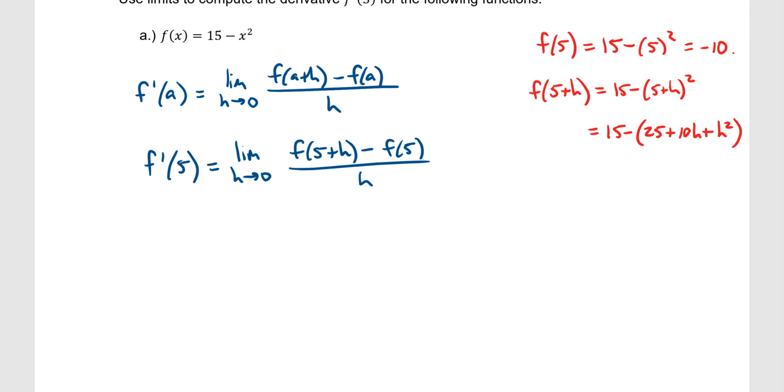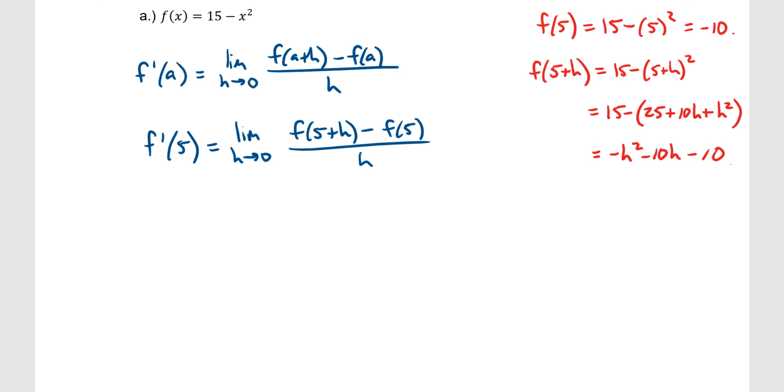I just used the shortcut method for that, or you can FOIL it out on the side. If we distribute that negative and combine like terms, we're going to get negative h squared minus 10h, and then 15 minus 25, minus 10. I just switched the order so it looked a little better.